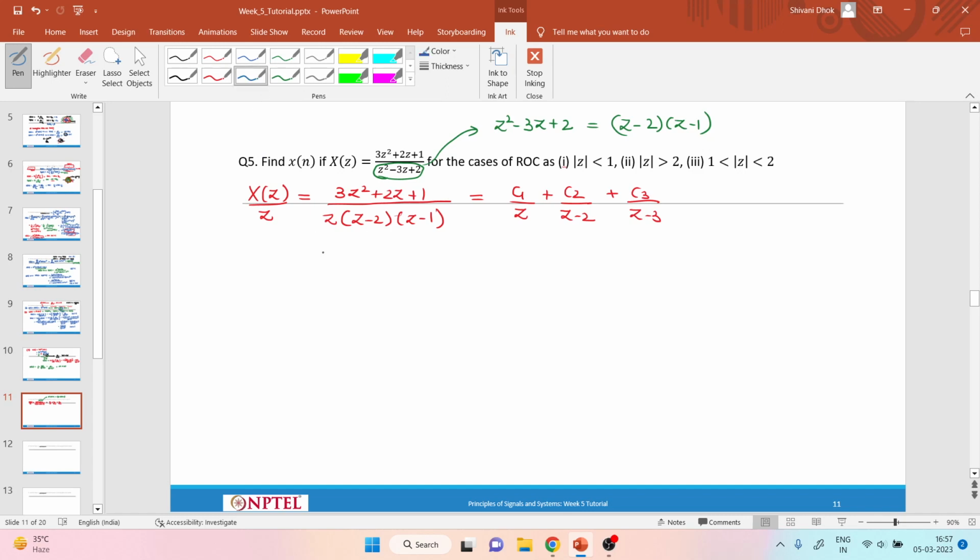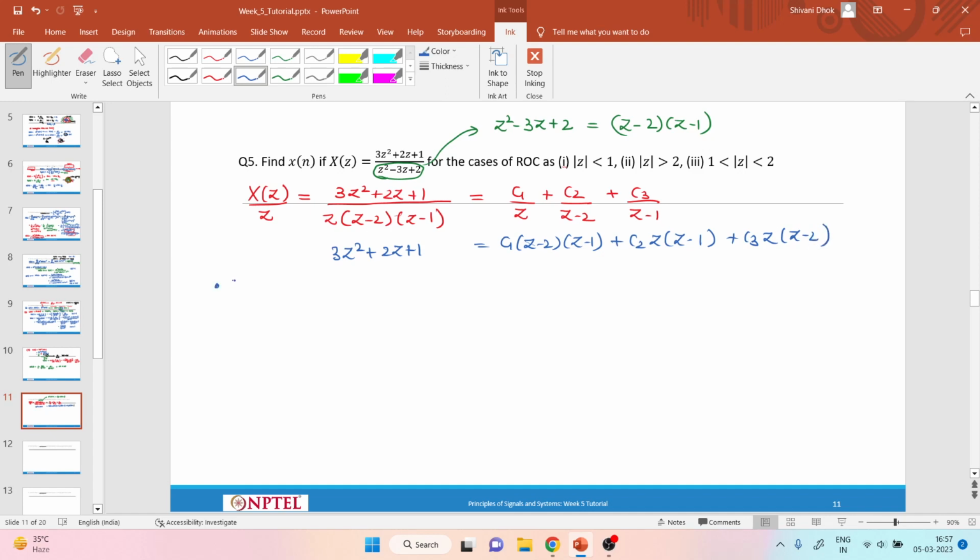Now we can write 3z square plus 2z plus 1 is equal to c1 into (z minus 2) into (z minus 1) plus c2z into (z minus 1) plus c3z into (z minus 2).